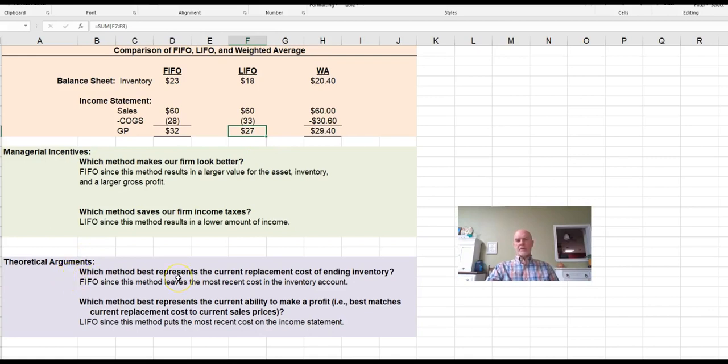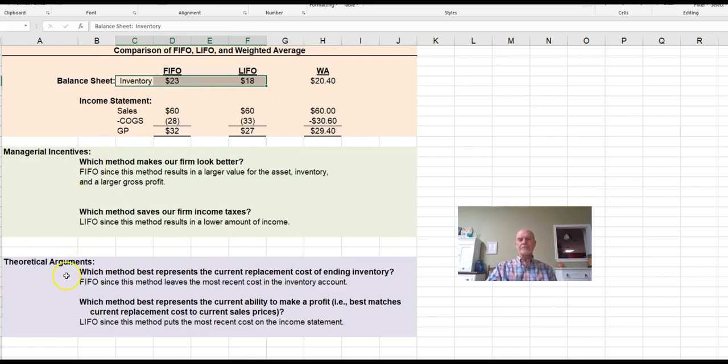Which method better represents the current replacement cost of our ending inventory? In other words, which method puts a number on the balance sheet that best represents the current cost of what it takes to buy inventory? Well, the FIFO method has the most recent items in the inventory account, so it better represents the current cost of the inventory.